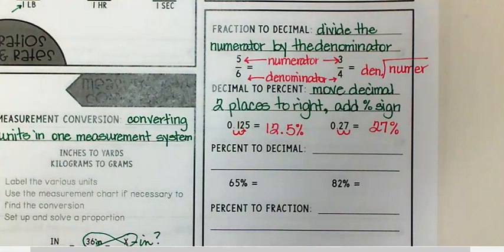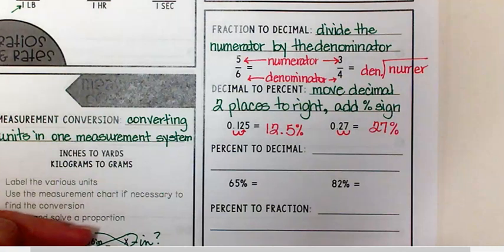To go from a percent to a decimal, you are going to move the decimal 2 places to the left and take off the percent sign.